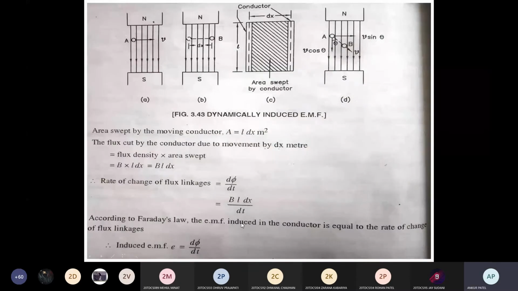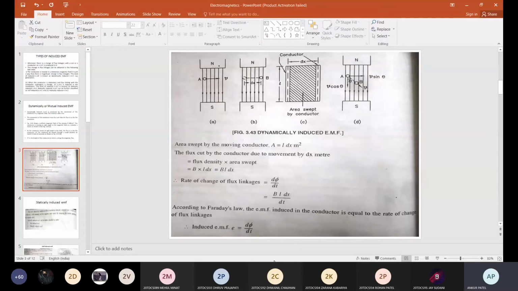So according to this, induced EMF is equal to d phi by dt. What can we write further? Induced EMF is equal to BL dx by dt, where d phi by dt is already given as BL dx by dt.